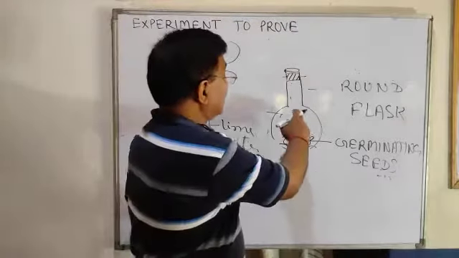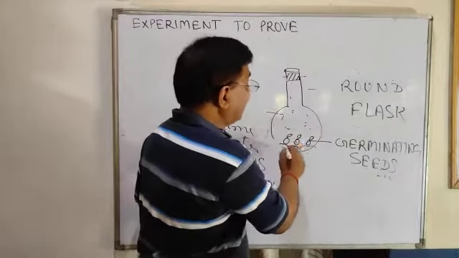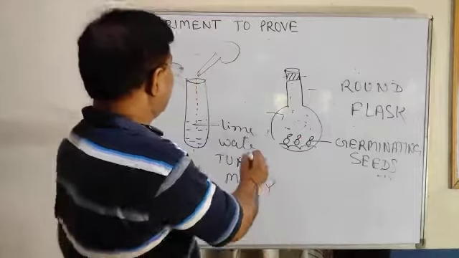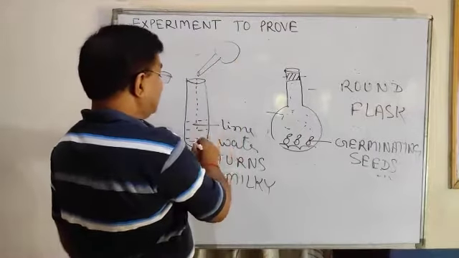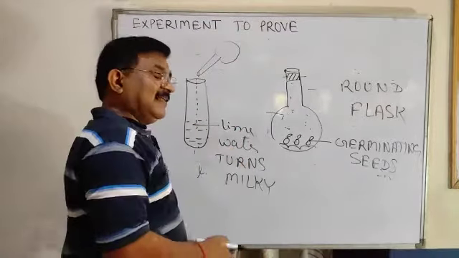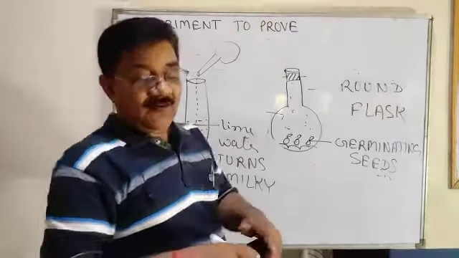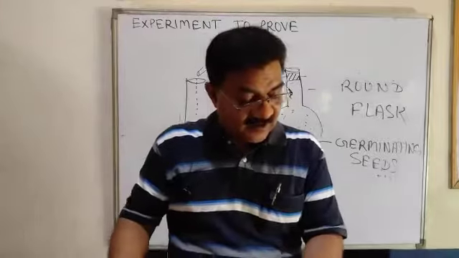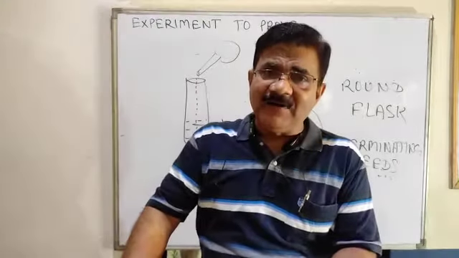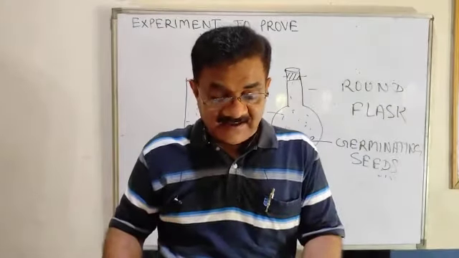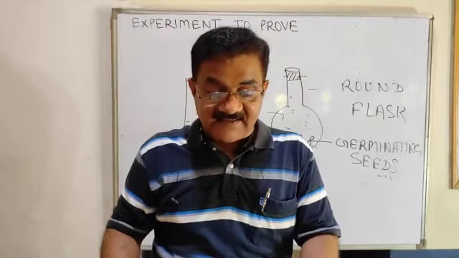It means carbon dioxide was released by this germinating seed, and that carbon dioxide turns the lime water milky. What does it prove? It proves that a germinating seed produces carbon dioxide during respiration. So that part is clear.